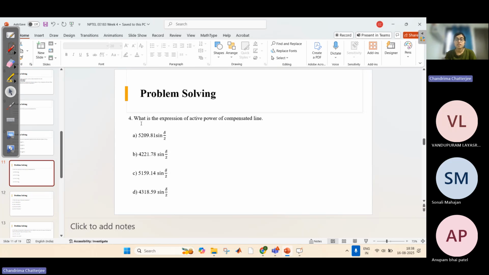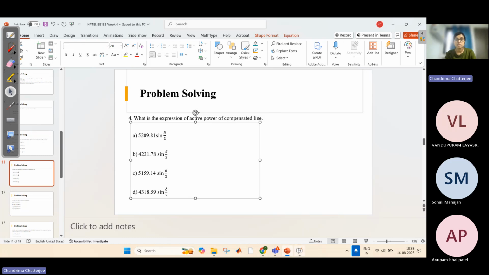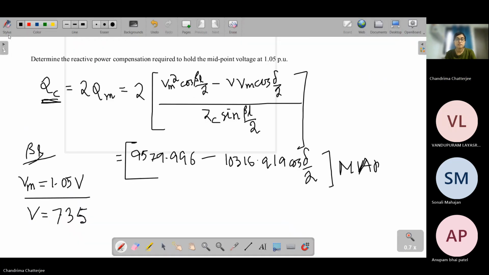So question number 4. What is the expression of active power of the compensated line? As I already told you, when you have compensation, the active power also changes. The active power expression also changes when there is compensation.